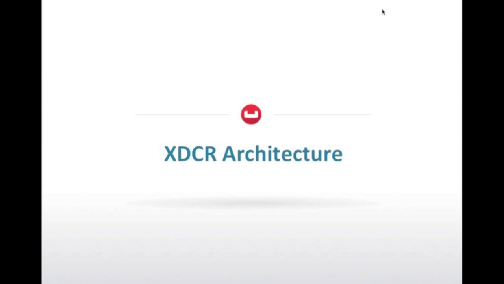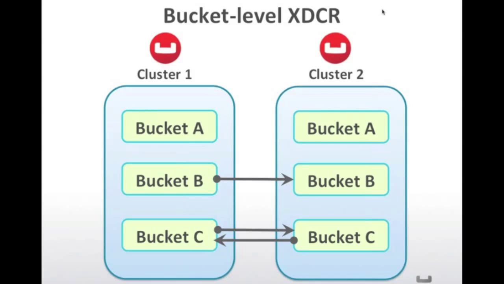So let's take a look at the XDCR architecture now. As I mentioned, you have a cluster 1 and a cluster 2, and the replication is configured at a bucket level. Here we illustrate that for bucket A, there is no replication taking place. For bucket B, we have a unidirectional replication from cluster 1 to cluster 2.